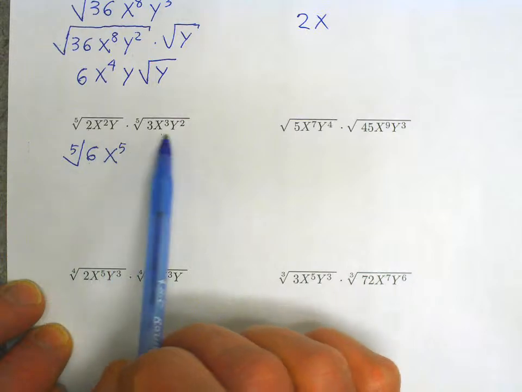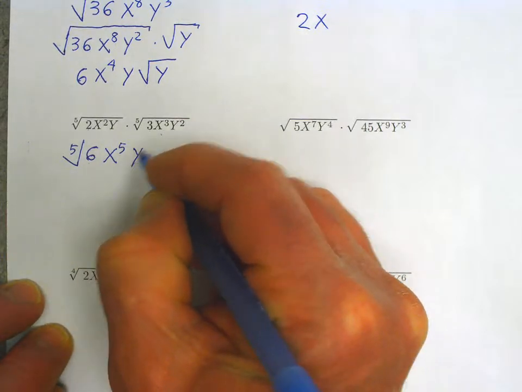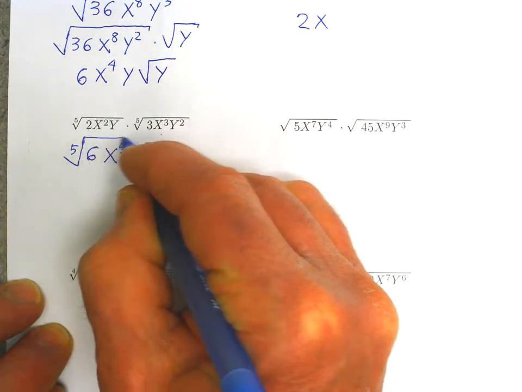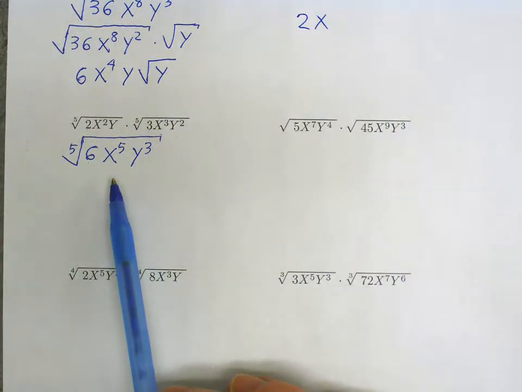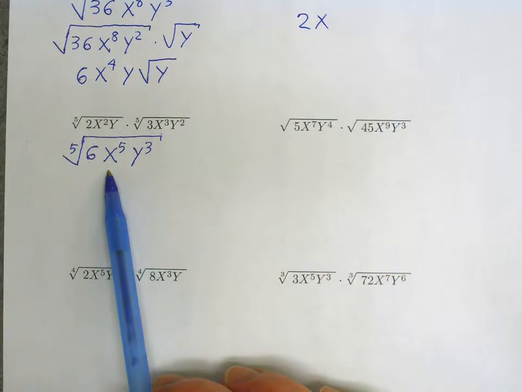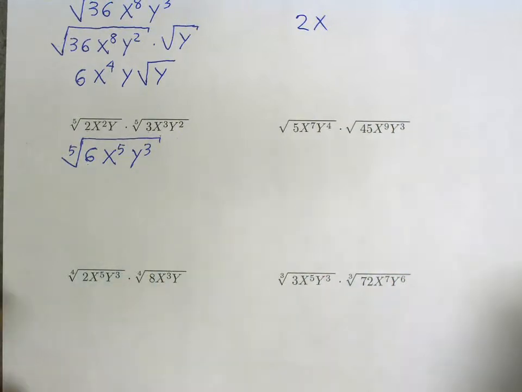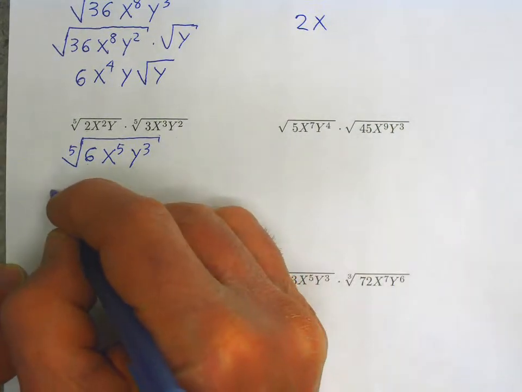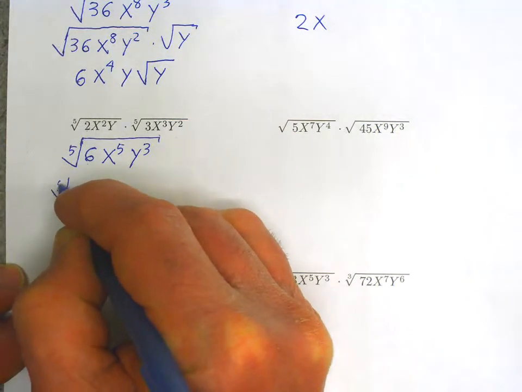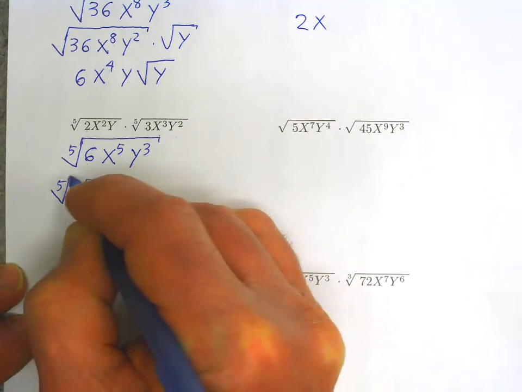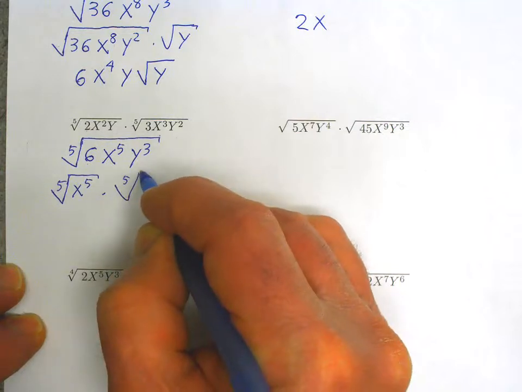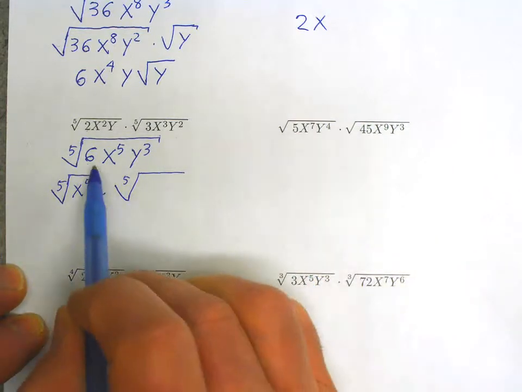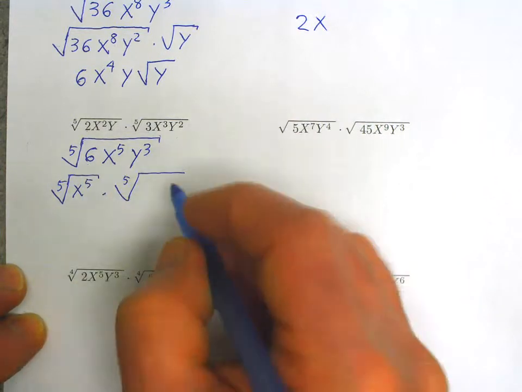And then y times y to the second is y to the third. The only factor that is a perfect fifth power is x to the fifth. So we can rewrite this as the fifth root of x to the fifth multiplied by the fifth root of the factors that have to stay behind. So 6 times y to the third.